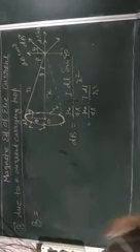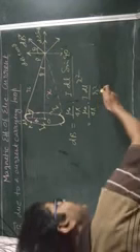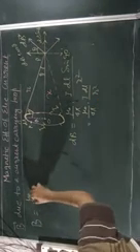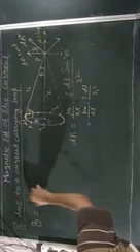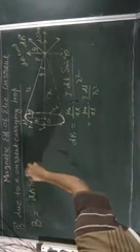To calculate the complete magnetic field, we have to integrate all the dB sine theta components.